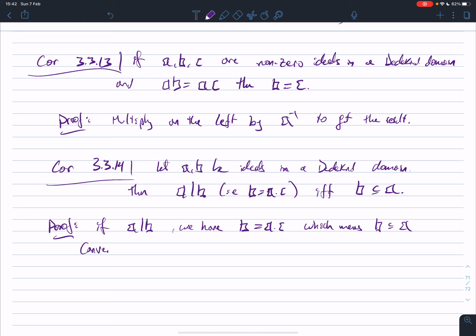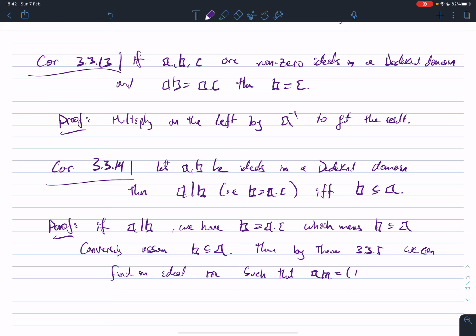Conversely, assume B is contained in A. Then by theorem 3.3.5, we can find an ideal M such that A times M is principal.